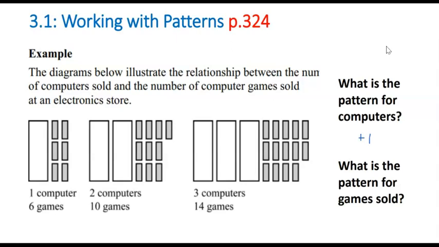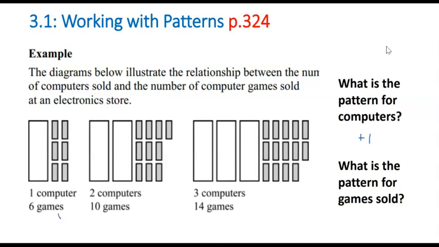What is the pattern for games? This doesn't follow the same pattern. We start with 6, then we go up to 10, then we go up to 14. What is the pattern between 6 to 10 to 14? In other words, what would you expect to be the next number for games?